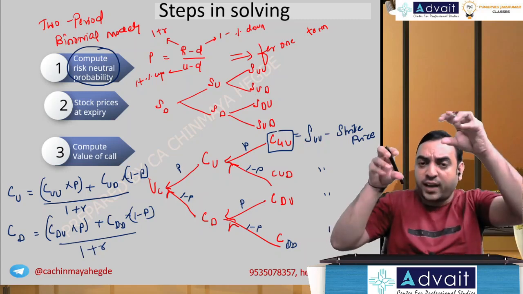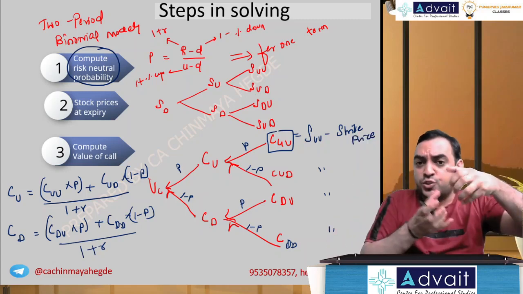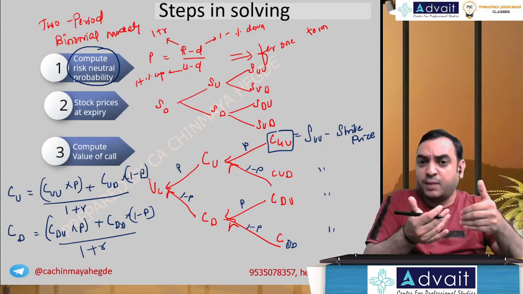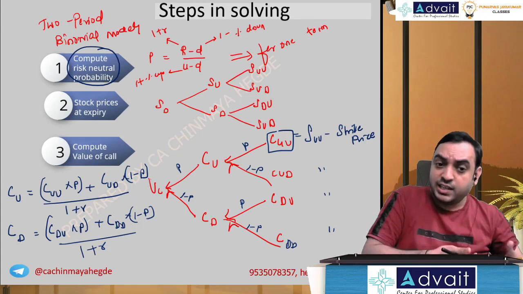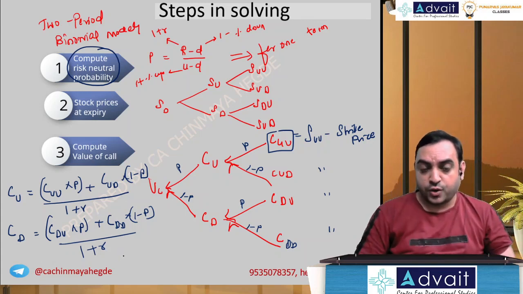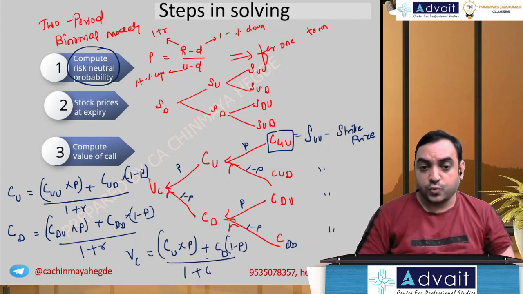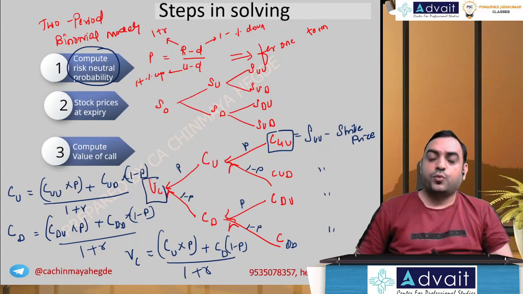We have 4 values, we bring them down to 2 values by applying probability and dividing by 1 plus R. Then with the 2 values, again multiply by probability and divide by 1 plus R, and you get the value of call. So the value of call is CU into probability plus CD into 1 minus probability, whole divided by 1 plus R. That is your value of call.